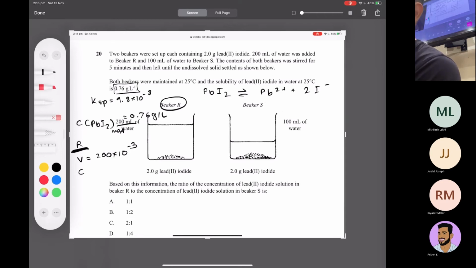Oh, sorry, it should be what is the mass? That's what I'm asking you. What is the mass of lead iodide, that max that can dissolve? So we've got 0.76 grams per liter and 200 ml. So it's going to be 0.76 grams per liter times 0.2. Does everyone agree? So what's our answer? 0.152. Yeah, very good. 0.152 grams. So that's the amount that is dissolving. Does everyone agree? All right, good.